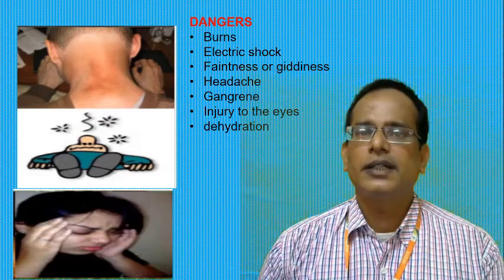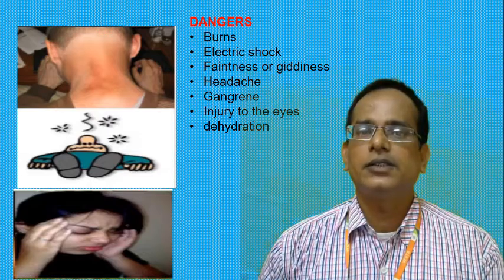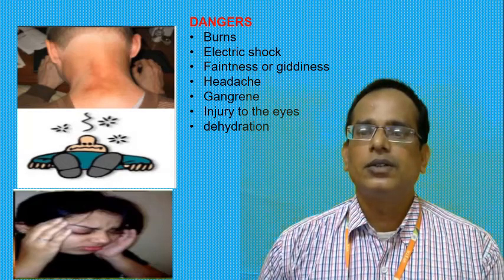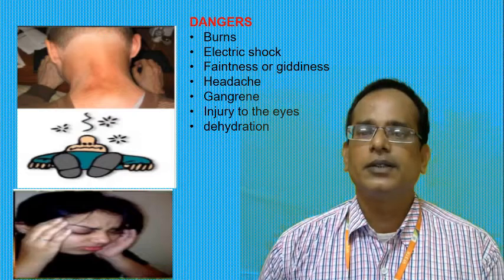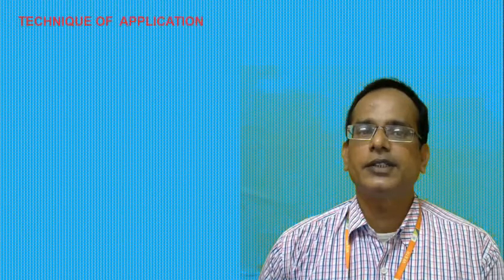Gangrene also comes when heavy doses are given. Injury to the eyes, another one is dehydration. So these all occur when the treatment is given in heavy dosage. So the dosage level of this radiation must be controlled. That is very important.